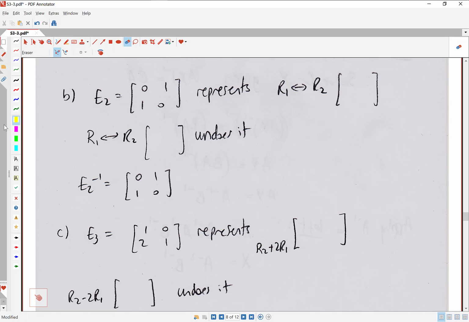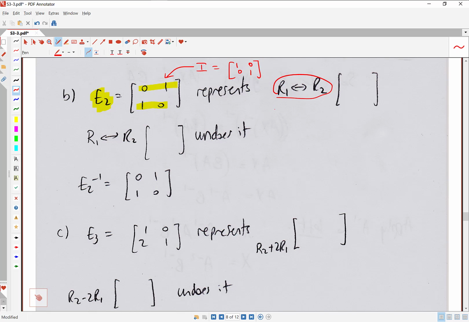Okay, next one, let's talk about row swaps. So if someone gives you this elementary matrix E2, which looks like 0, 1, 1, 0, just ask yourself, how has the identity matrix changed? So it might help to have the identity matrix right in front of you. Okay, so what did we do to go from here to here? Well, we swapped rows. So E2 represents swapping row 1 and row 2.